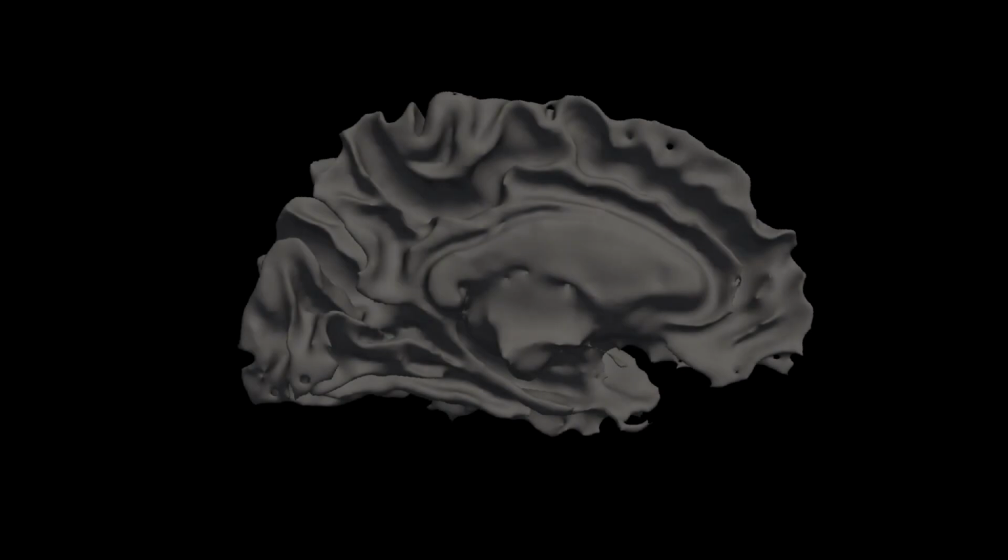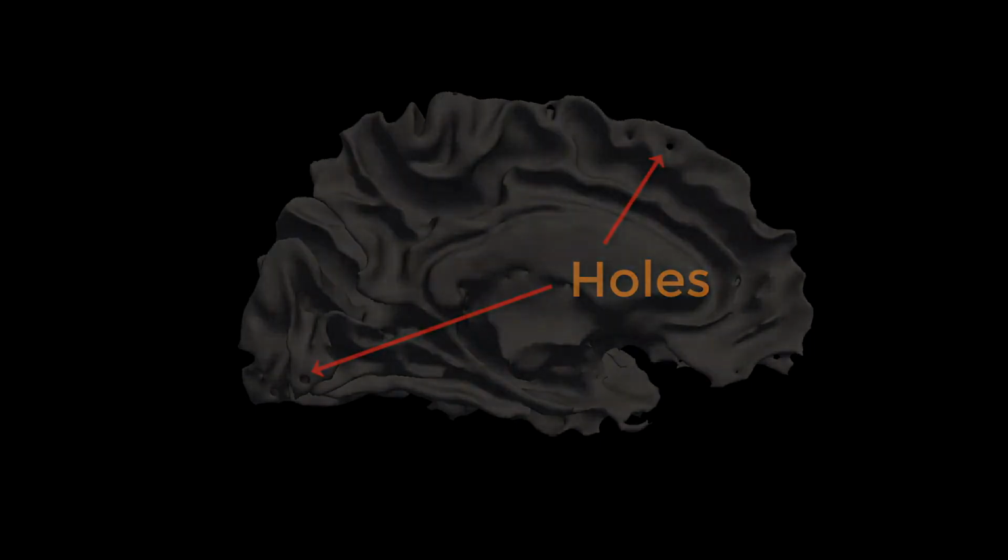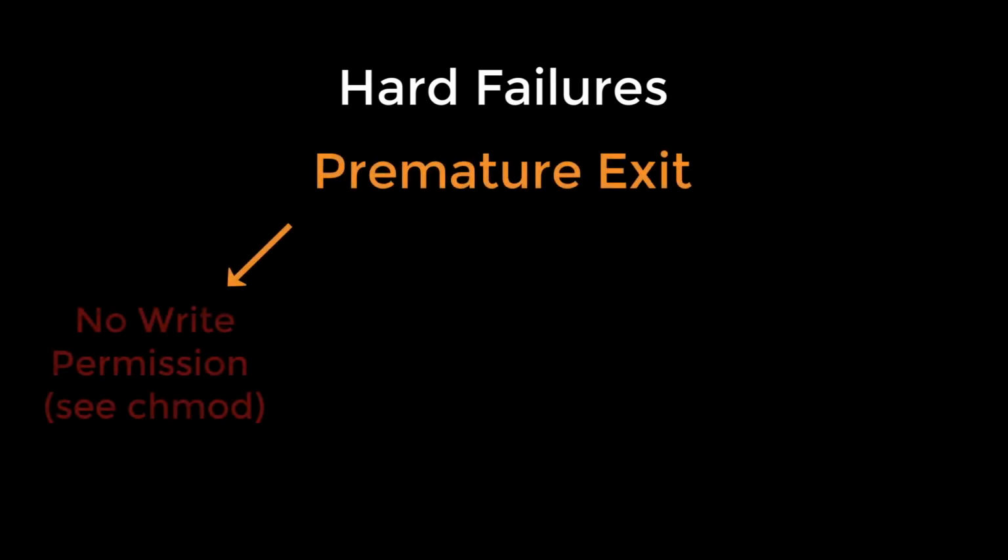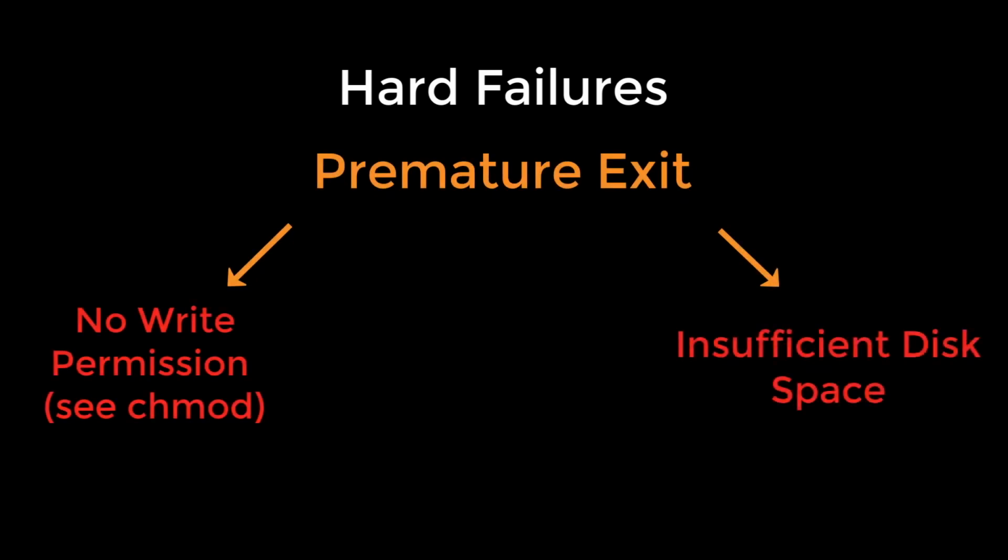Although Recon-All usually does a good job of reconstructing the cortical surface, sometimes it fails. These failures can be classified as either hard failures or soft failures. A hard failure is when Recon-All exits prematurely, when it doesn't have write permissions, or when there is no more available disk space.